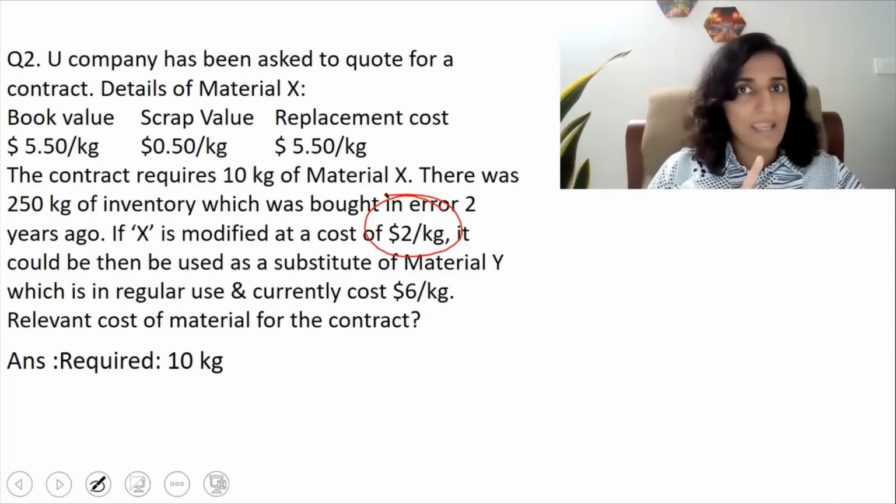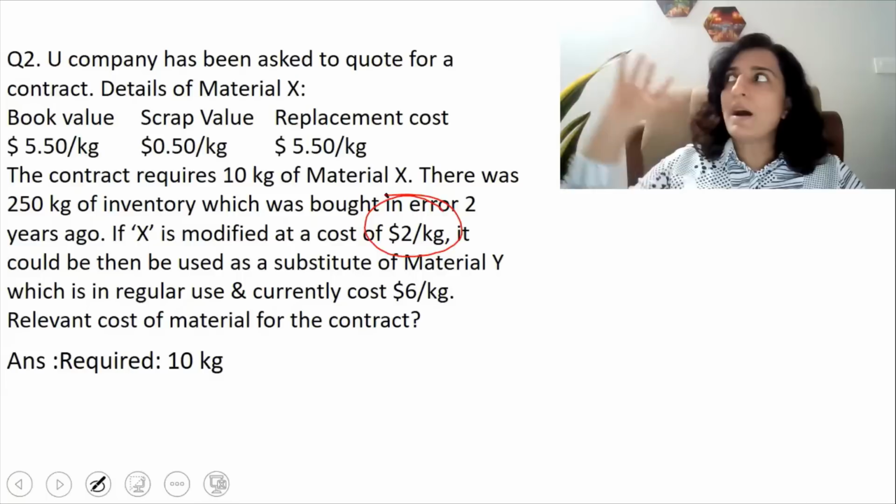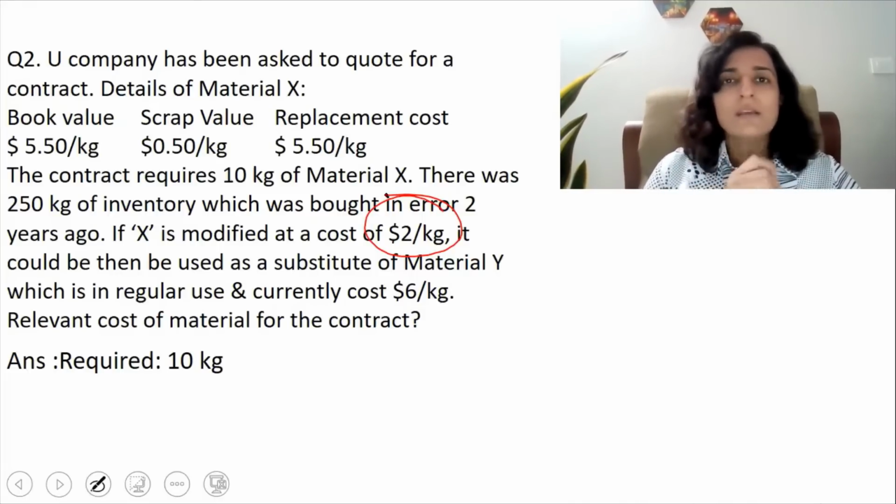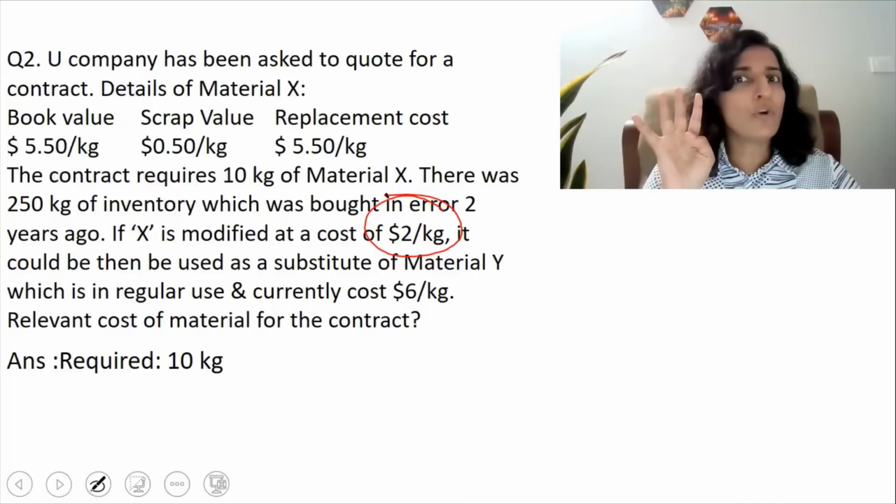So instead of buying raw material Y from the market at $6 per kg, we can just pay $2 per kg and modify X to use in place of Y. So how much are we saving? $4. 6 minus 2.